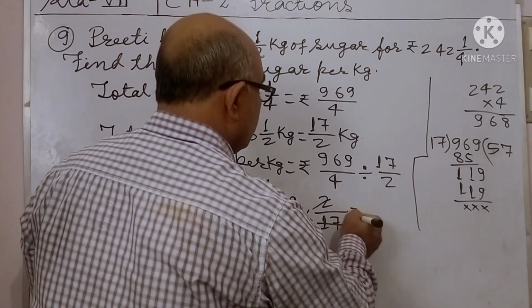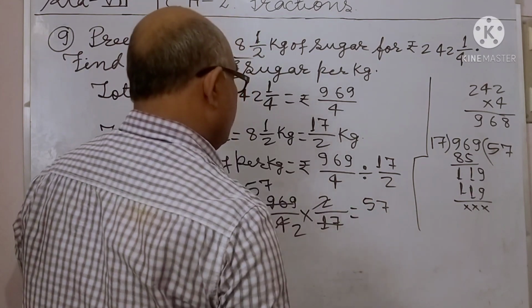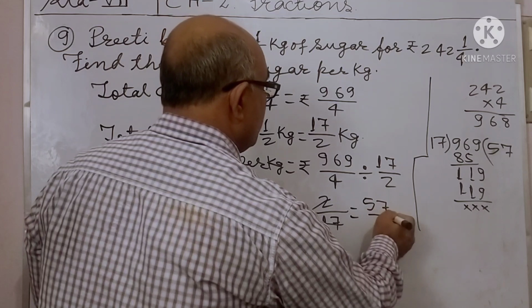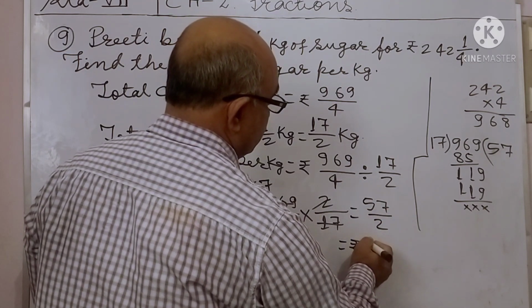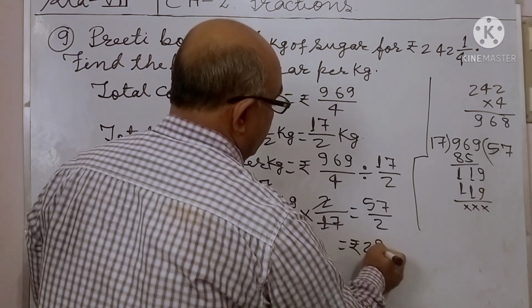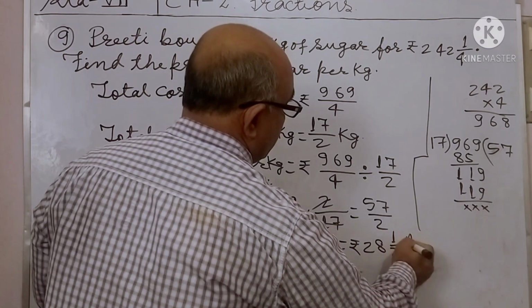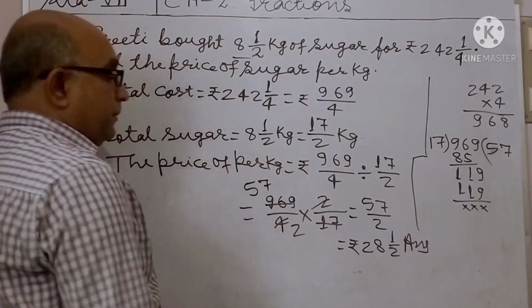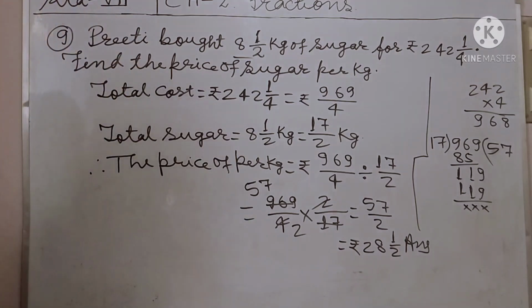Equal to 57 by 2. That means rupees 28 whole 1 by 2. Answer of this question. Students, understand and write it.